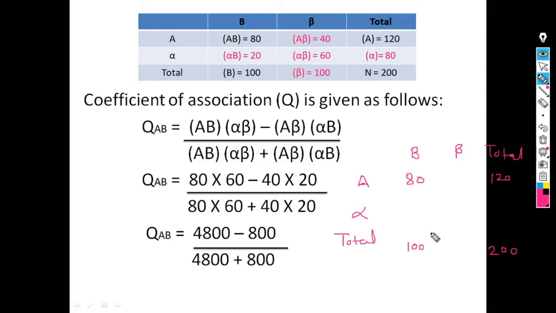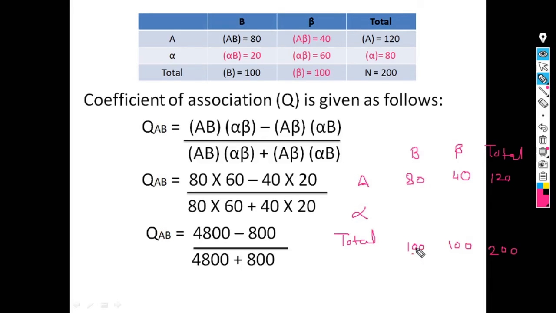From these two values, we can calculate the value of A beta, because the value of AB and A is given. So A beta is A minus AB, that is 120 minus 80, it is 40. Similarly, we can calculate the value of beta, that is 200 minus 100, which is equal to 100.